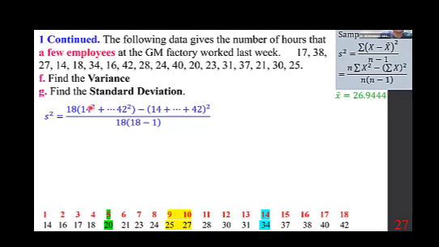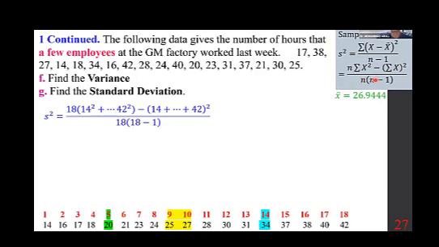So 14 squared, 16 squared, 18 squared, all the way to the last, minus summation of X, quantity squared. Now you have to individually add them up. That means 14, 16, all the way to 42. That means individually add them up, then square them. So in essence, it's the order of operations.